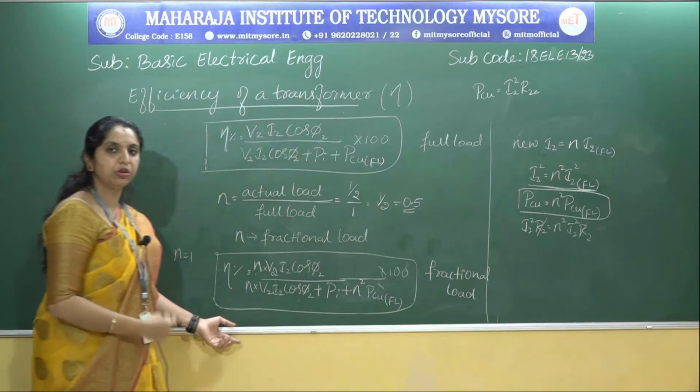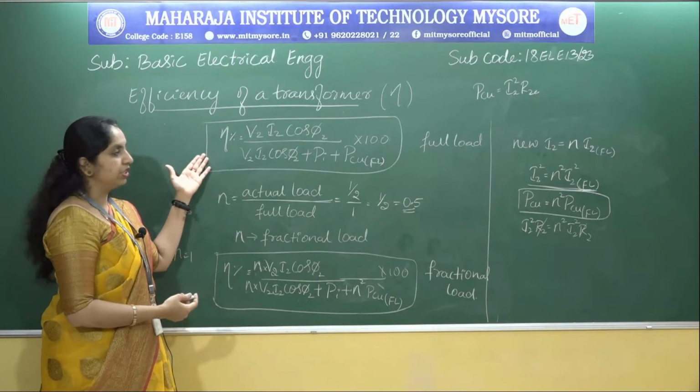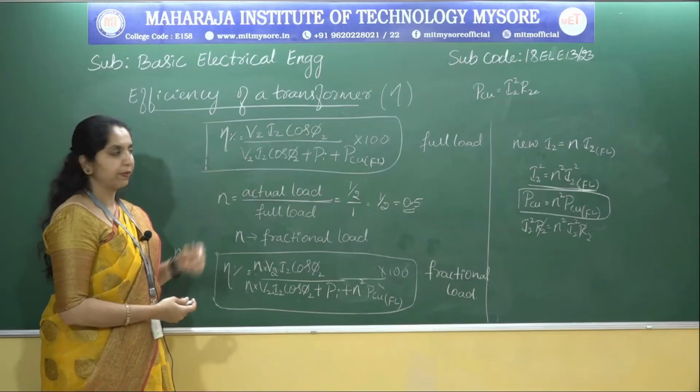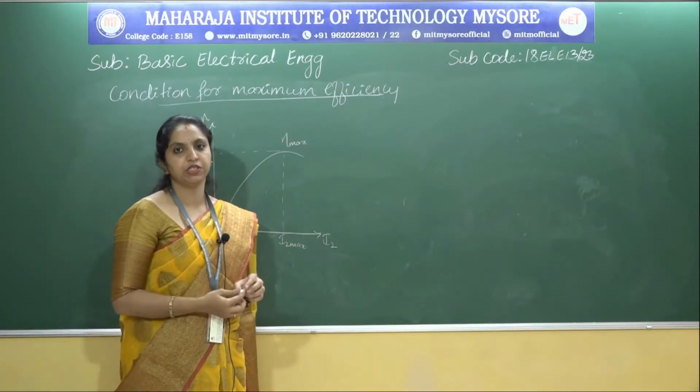If we substitute n is equal to 1 in the fractional load equation, we get the efficiency equation for the full load. Next we are going to consider the condition for maximum efficiency.